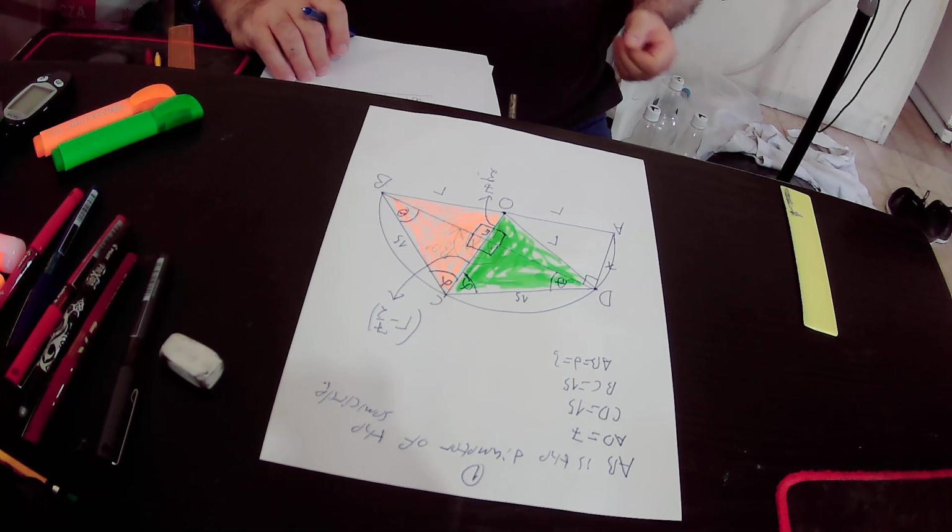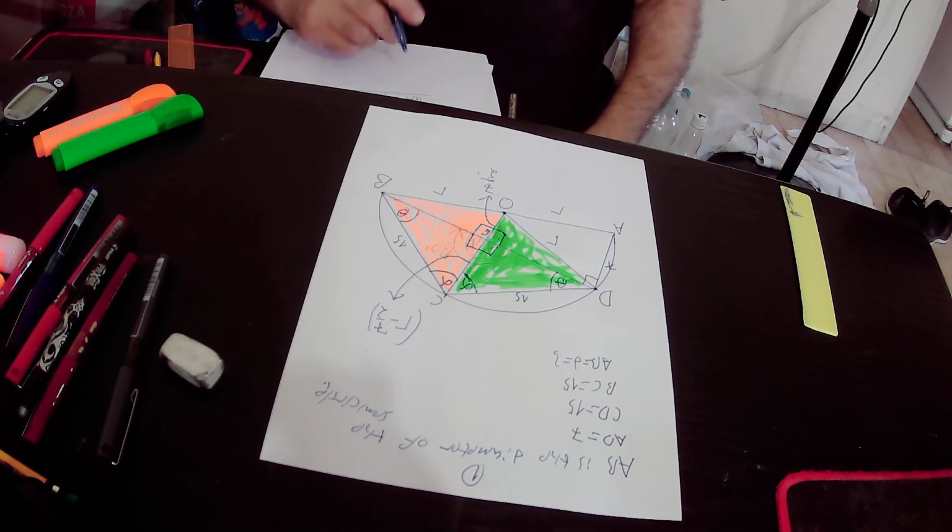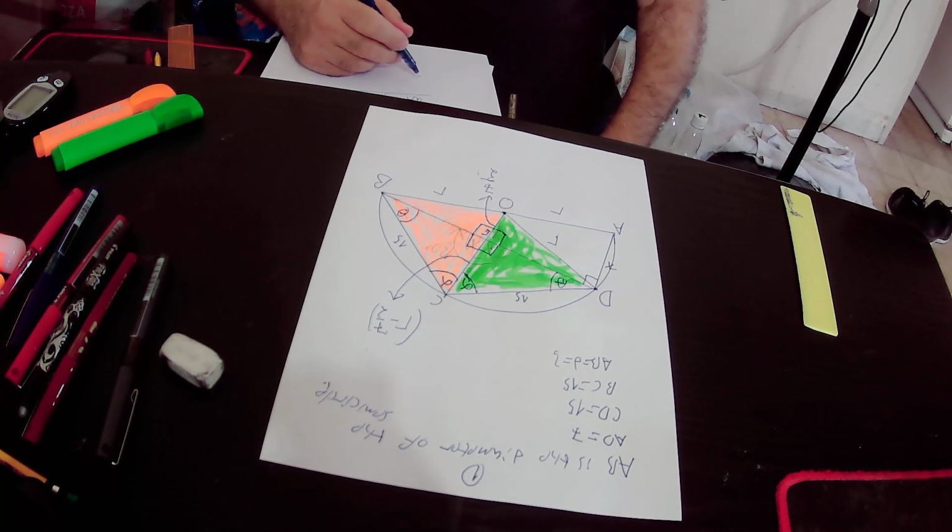Okay, so therefore we will create the equality that states that EB square equals EB square.